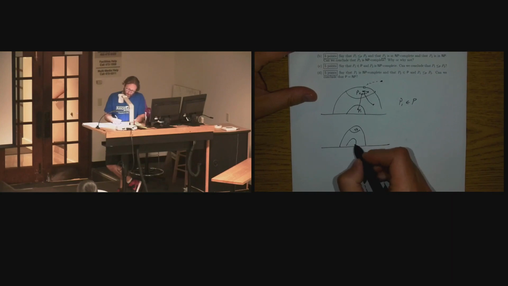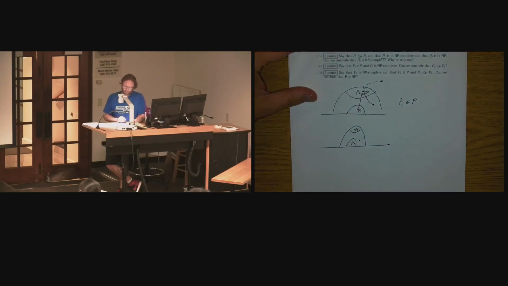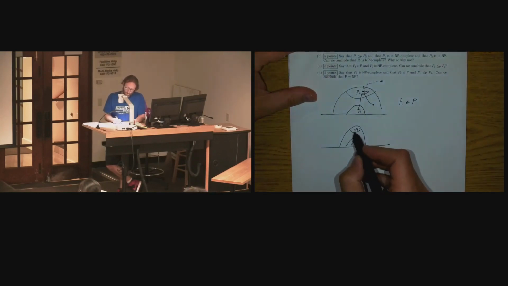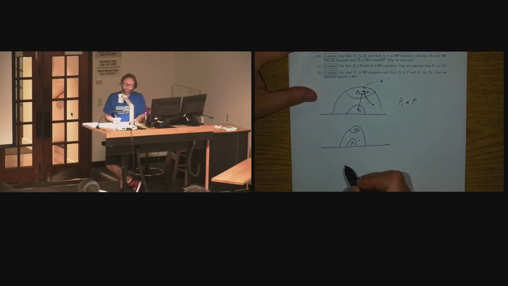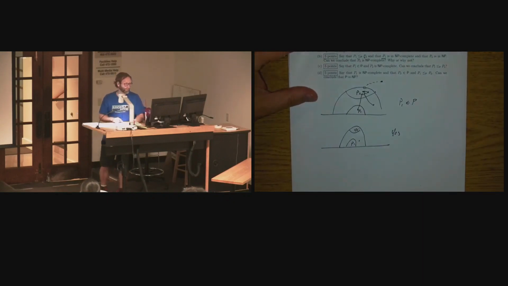It could be in P, it could be over here, it could be up here. And we're saying that P1 reduces to it. Can we conclude that it's NP complete? Yeah, that's the definition, right? Everything reduces to P1, and P1 reduces to P2. Therefore, everything reduces to P2. So yes, it is NP complete.